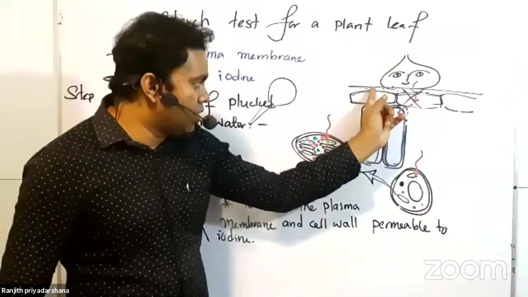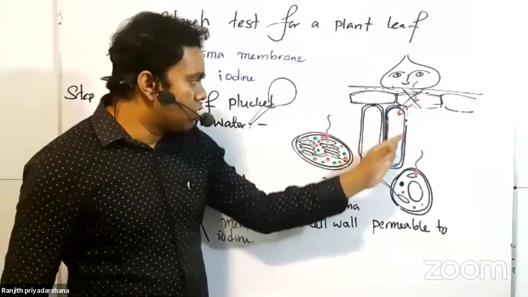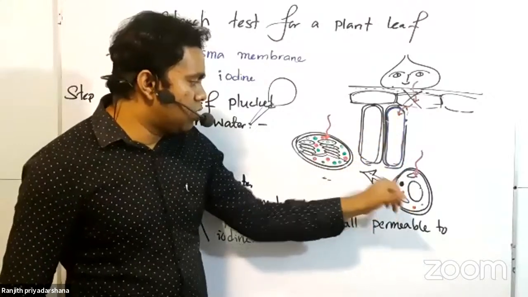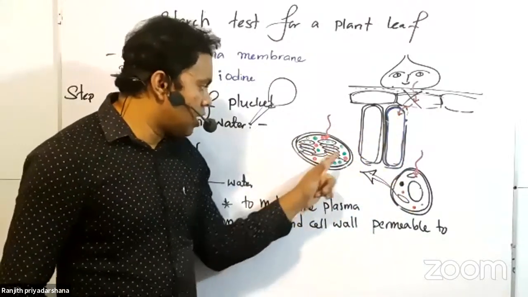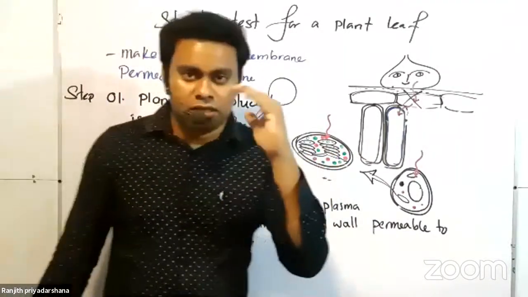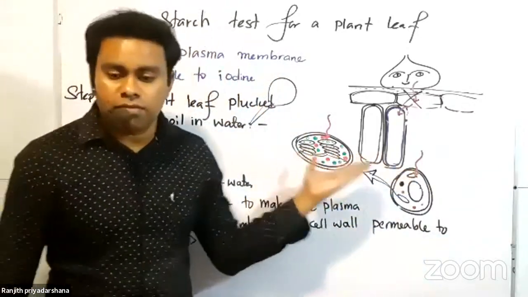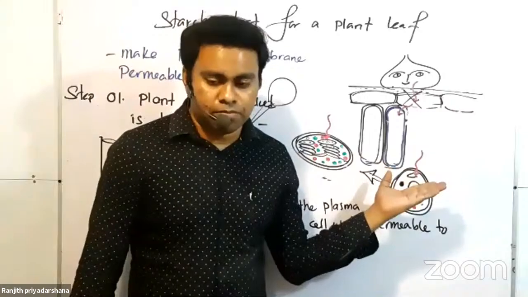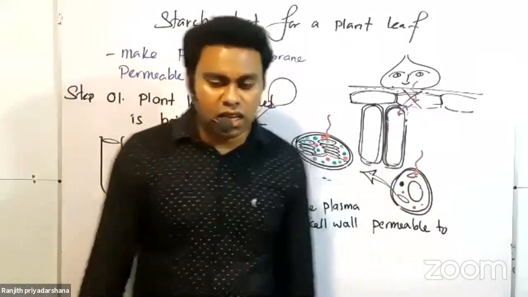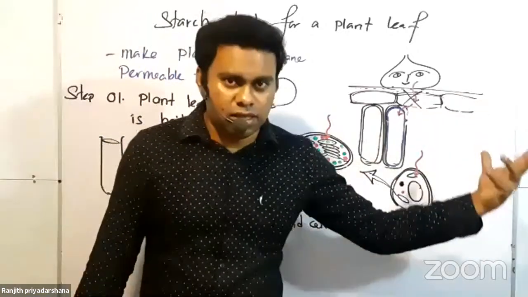Waxy cuticle layer, epidermal cell layer. This is palisade mesophyll, spongy mesophyll. This is a chloroplast, and you can see chlorophyll pigments. This red colored one is starch granules. So this is your memory. Take a print screen, and you have to sketch that later. Understood?